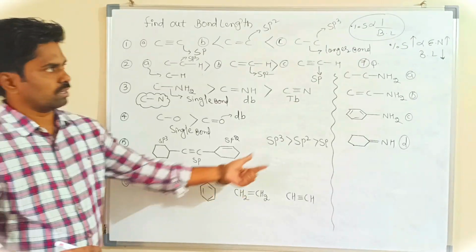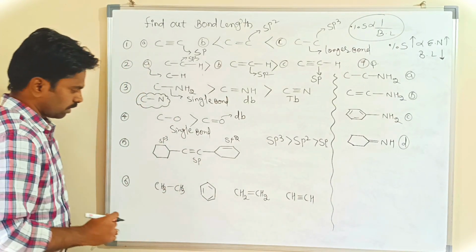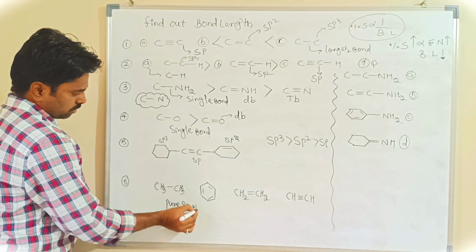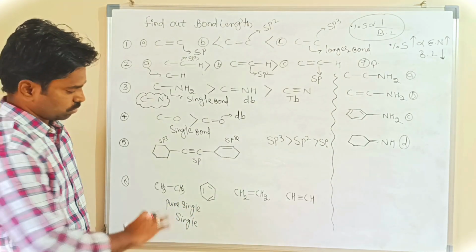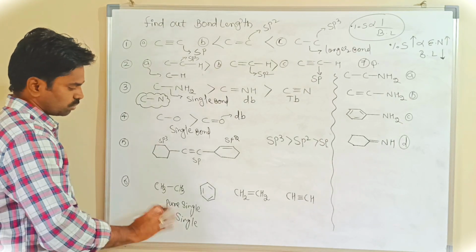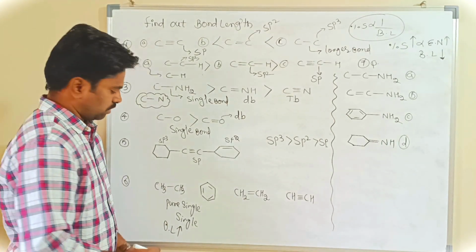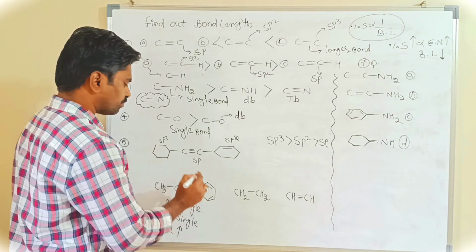We know that it depends on the percentage of s character. Let us see, this is a pure single bond, so there is no conjugation and no resonance. Automatically the bond length of a pure single bond is always the greatest.